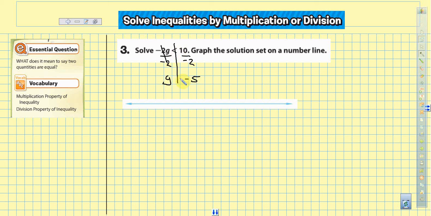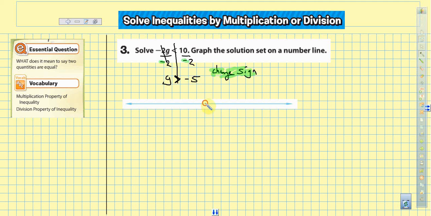But now my sign is going to change. Change sign. Why? Because I divided with a negative. There's a negative here, a negative here. Need to change that sign, because if you don't, my graph is going to be wrong.